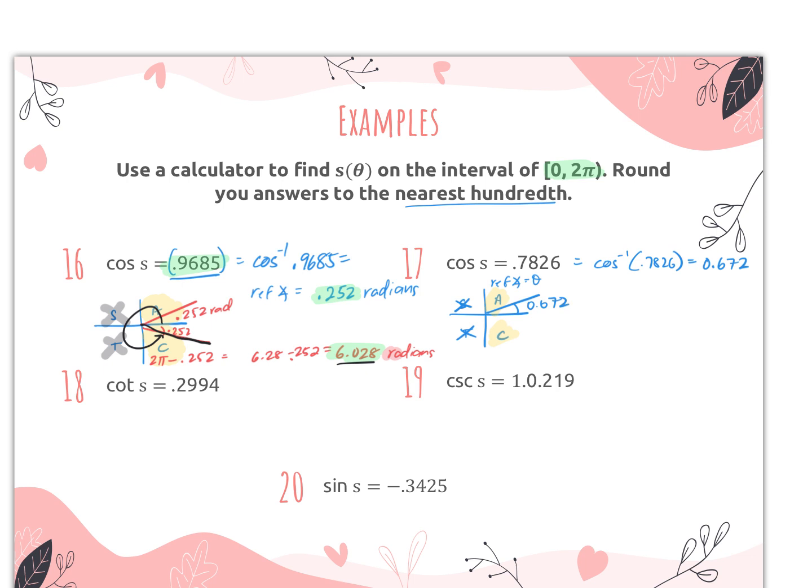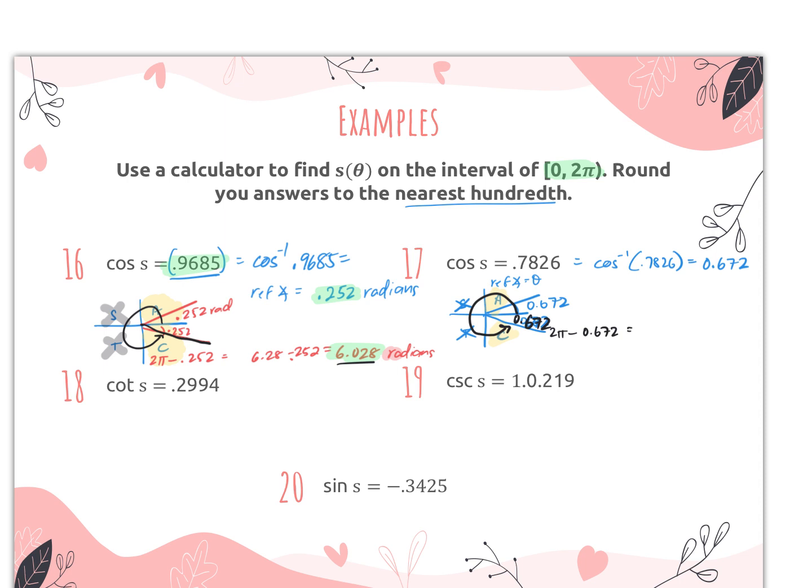In the fourth quadrant, again, that's my reference angle, 0.672. But I'm going to need to figure out what angle is going to end there. It's going to be 2 pi minus 0.672. Let me write that the right way. That's my reference angle, right?